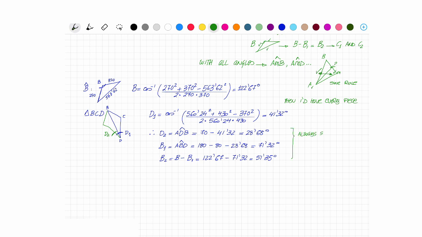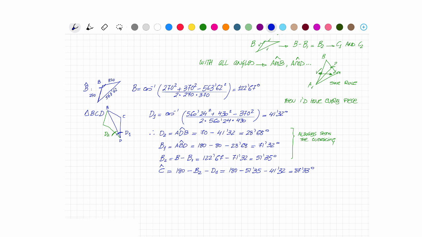And you will realize I'm always showing my working to justify my values. I need to show what numbers I'm using. If it's not on the paper, I didn't think of it. And lastly, angle C is 180 minus the partial angles, B2 and D1, and that is 87.33.